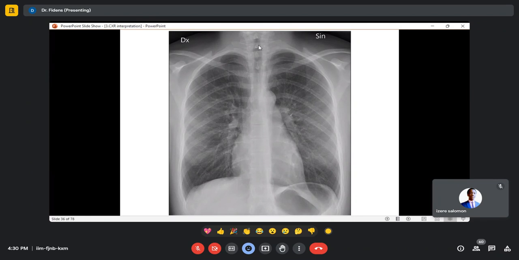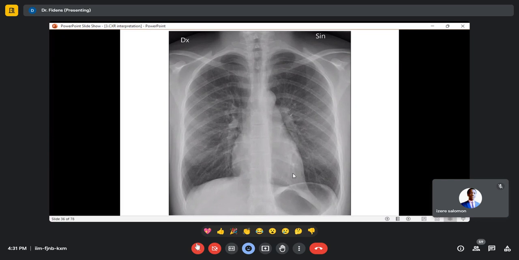Because by looking at this image of the mediastinum, including the heart, sincerely speaking, there are some structures you don't see. And when you are analyzing this part, you should think of them so that when there is any abnormality, any opacity or anatomical distortion, you immediately know what it is.